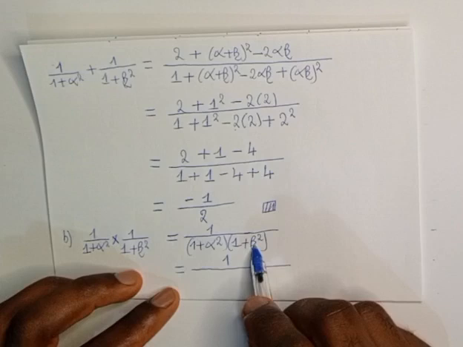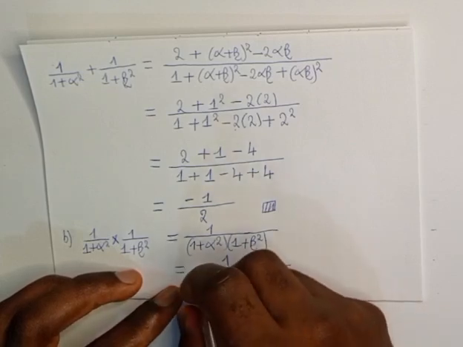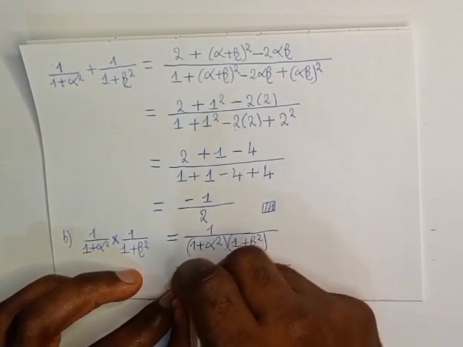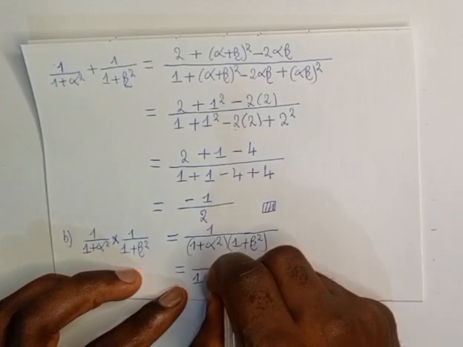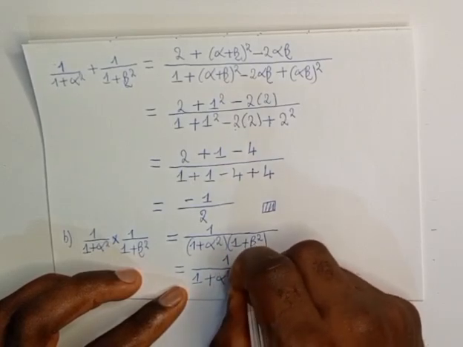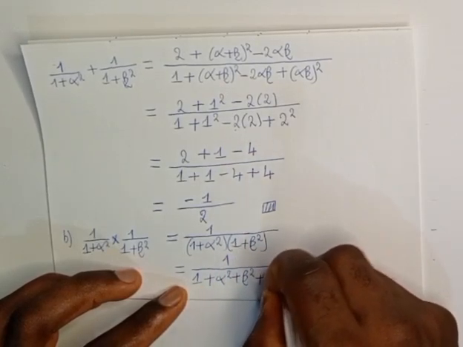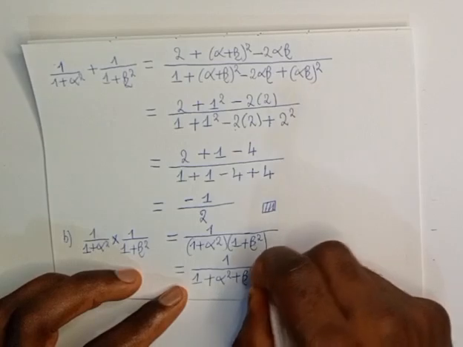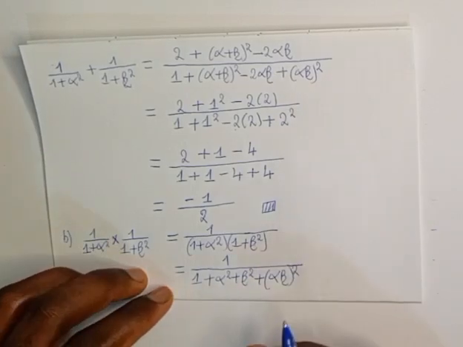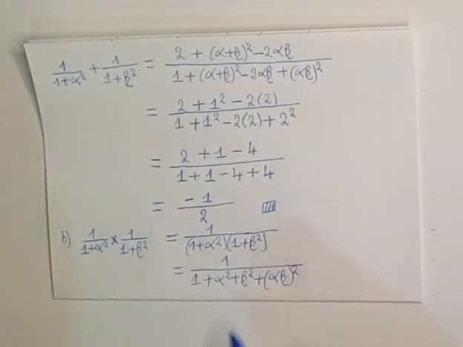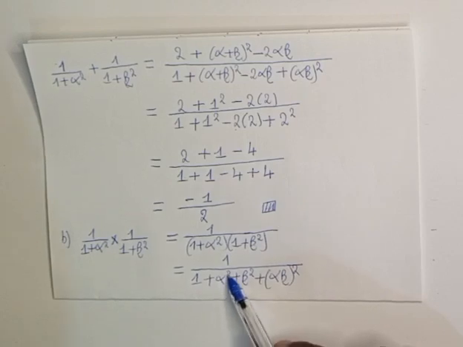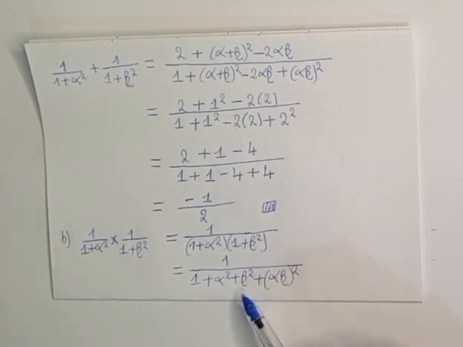Remember we have done this in the first part: 1 plus alpha squared plus beta squared plus alpha beta, all this squared. Next, we are going to replace alpha squared plus beta squared with alpha plus beta all that squared minus 2 alpha beta.